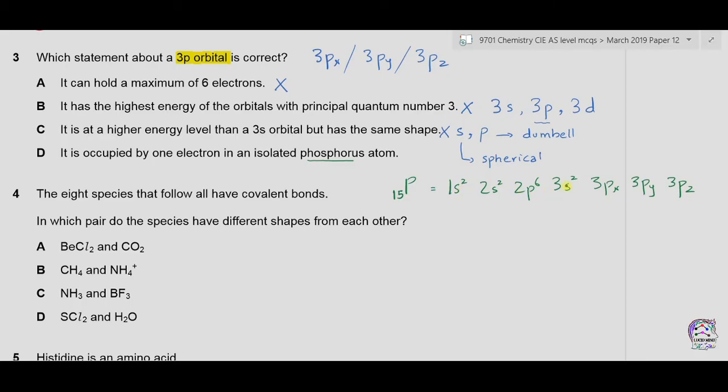Now we have 12 electrons. The 13th will come here, 14th will come here, 15th will come on this one. Now we can see that each 3p orbital is being occupied by just 1 electron. So this is correct statement. So therefore answer is D.